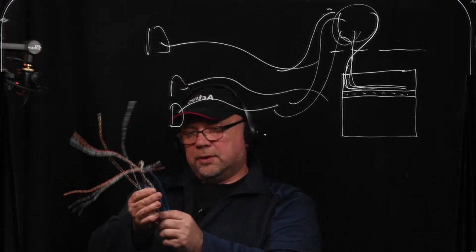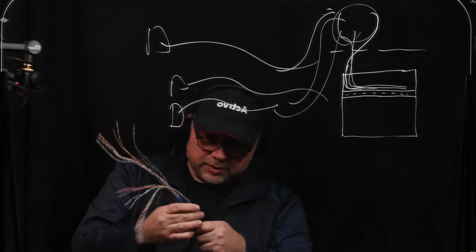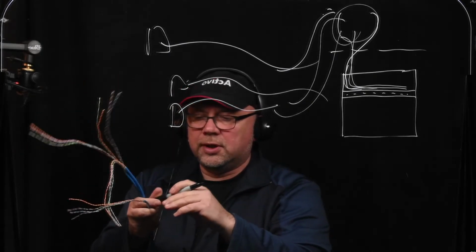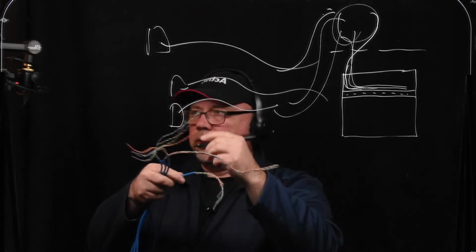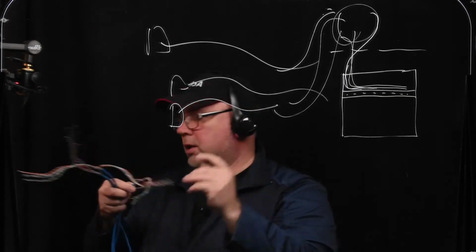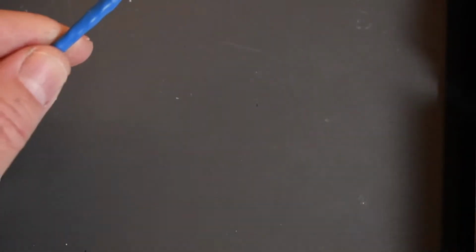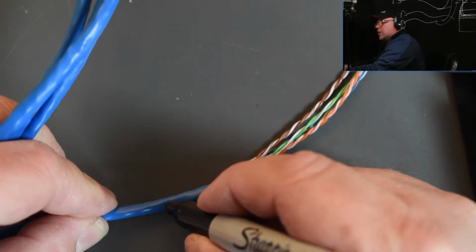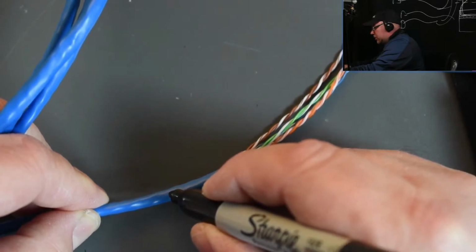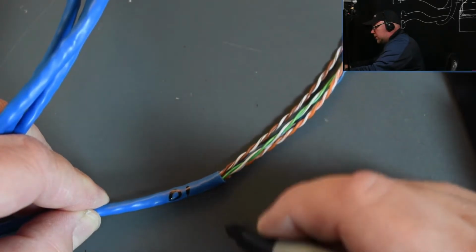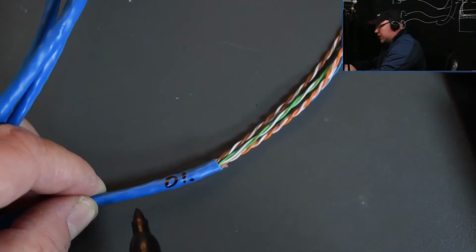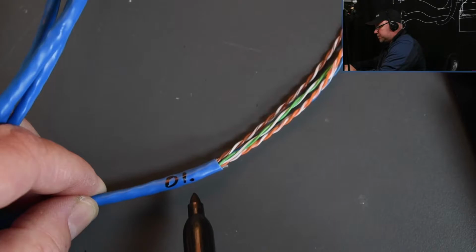Now, as a matter of habit, I want you to label those cables. So we're going to label this one as 0, 1, and I'm going to put 0, 1, dot. That means the number goes from here to there.